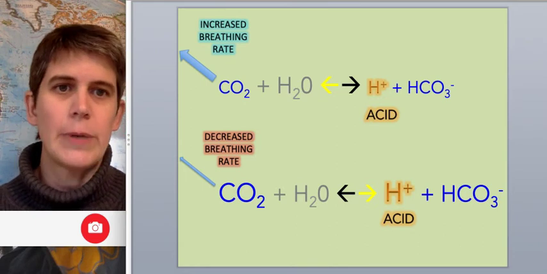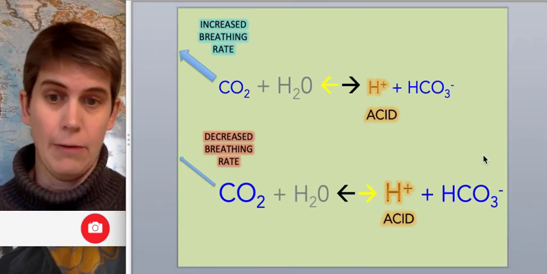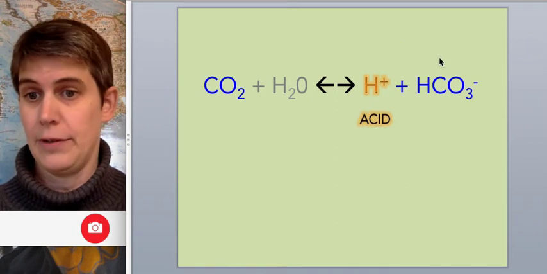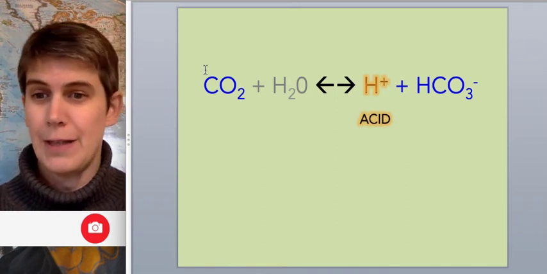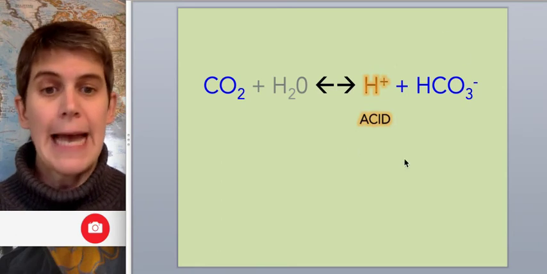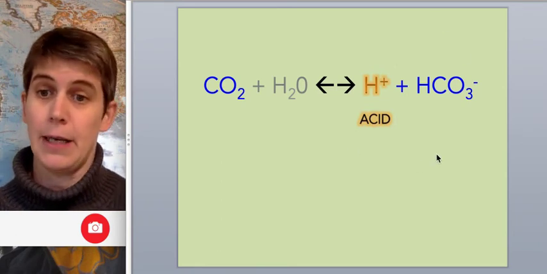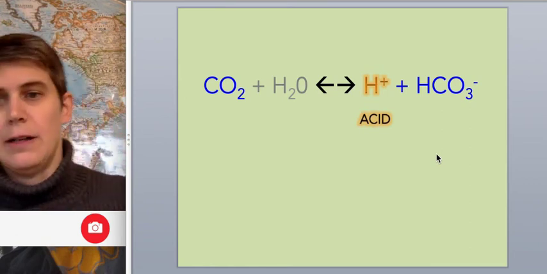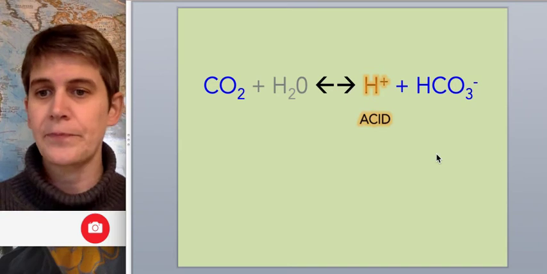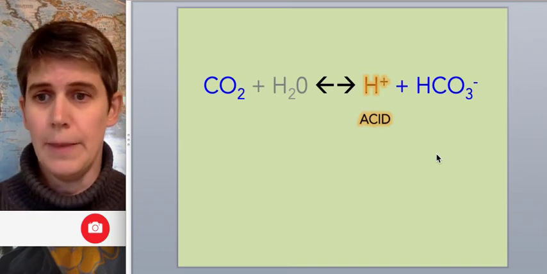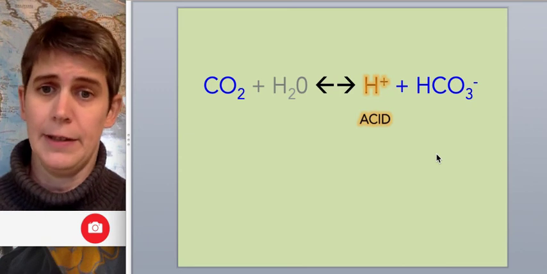In that case, we need the kidney, all right? And the way the kidney works is by now focusing on the right side of this equation. The kidney can't affect the amount of carbon dioxide in the body, not directly anyway, but it can affect the amount of acid and bicarbonate in the body. And the reason it can do this is because the kidney is constantly taking in a sample of all the blood in your body, the blood plasma in your body, not the cells.